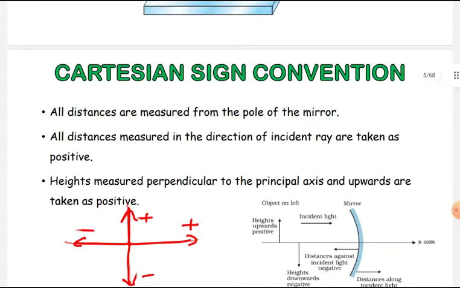Then according to Cartesian sign convention, all distances are measured from the pole of the mirror, and all distances measured in the direction of the incident ray are taken as positive. Heights measured perpendicular to the principal axis and upwards are taken as positive.